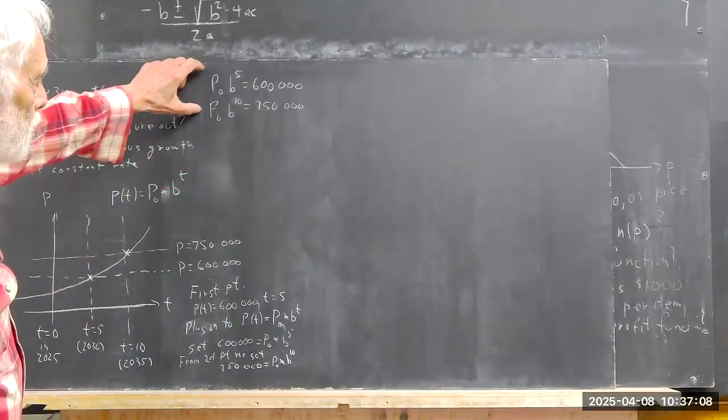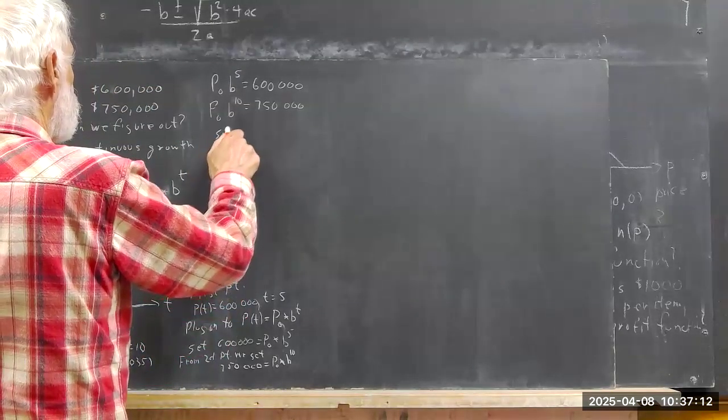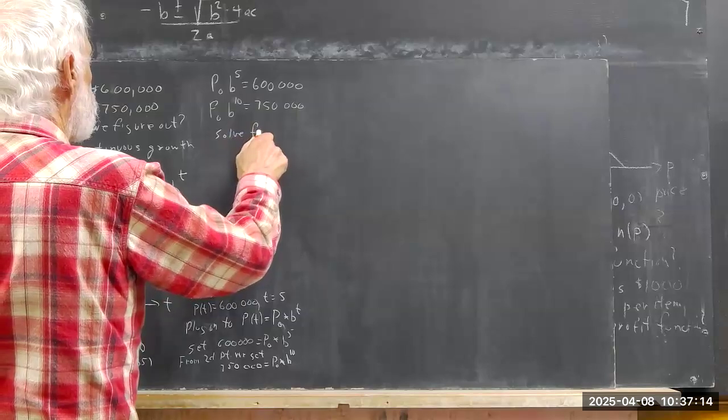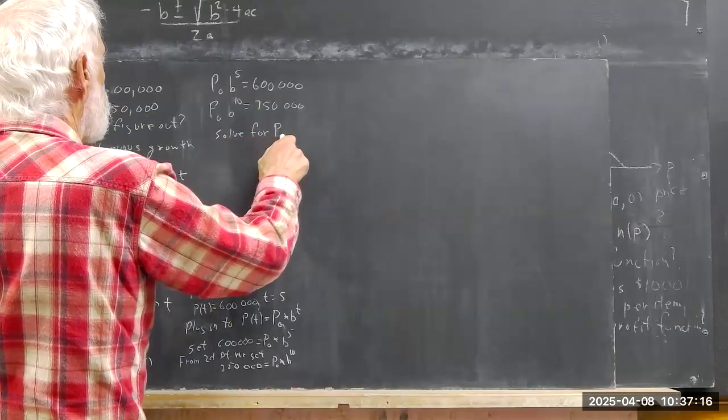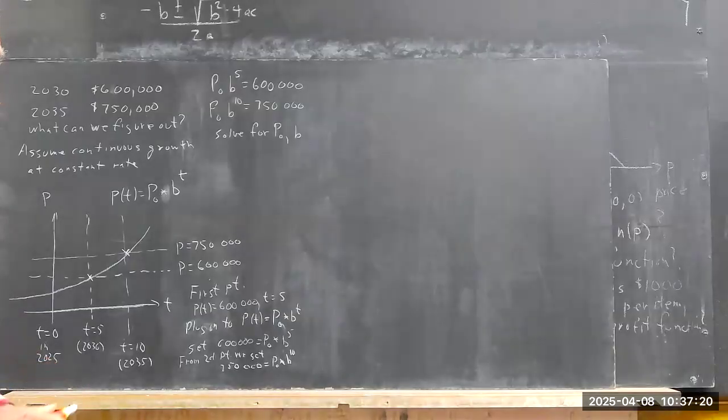I want to solve these two equations for P naught and B.